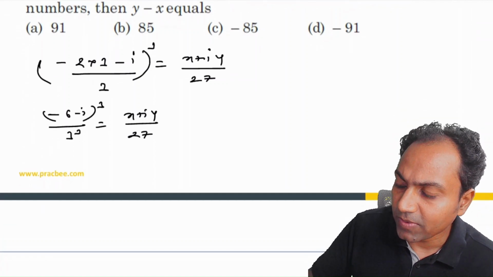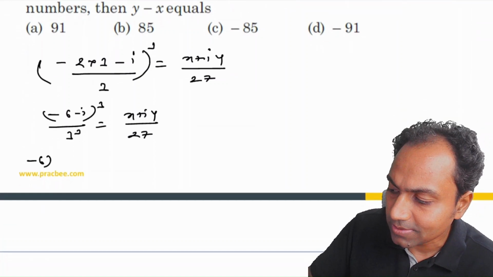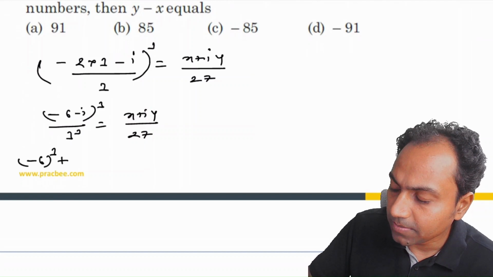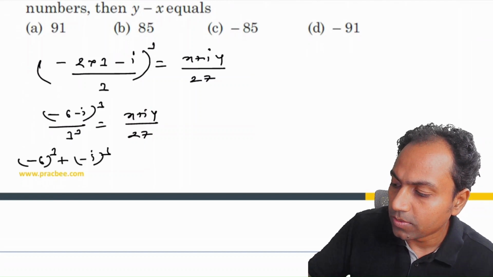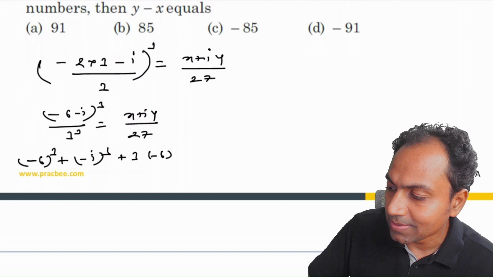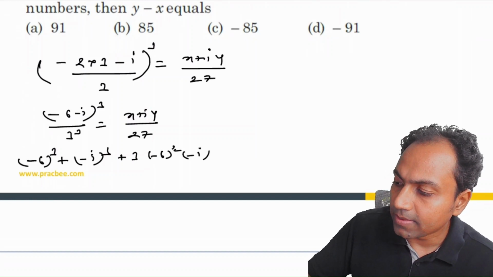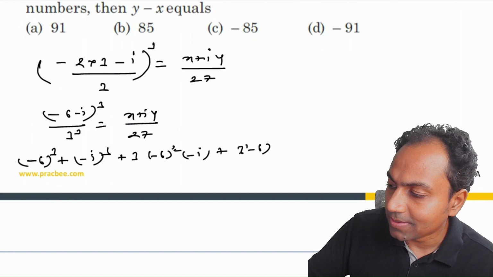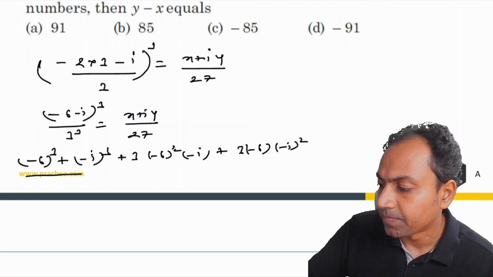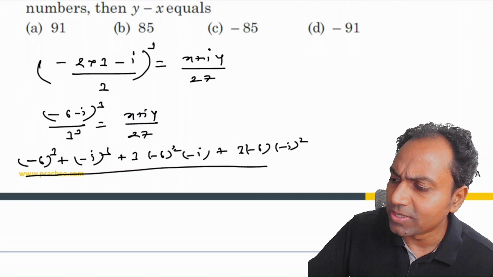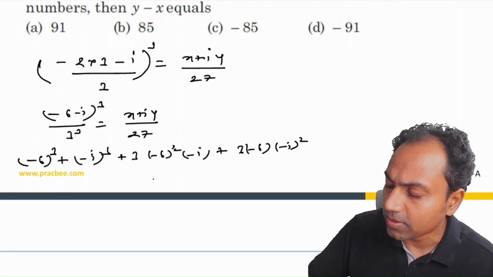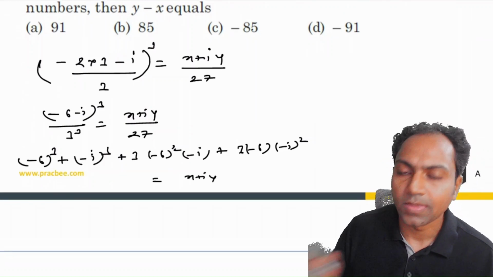And if you further simplify this, this becomes nothing but minus 6 whole cube plus (minus i) cube plus 3 times (minus 6) whole square into minus i, and then plus 3 times minus 6 into (minus i) whole square, by 27. But that 27 we can cancel on both the sides, so it becomes nothing but equal to x plus iy. So this is what we are getting.